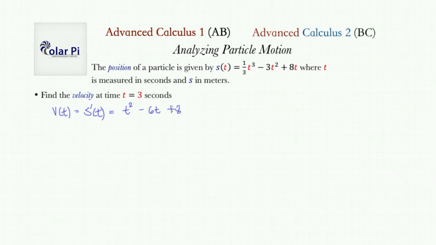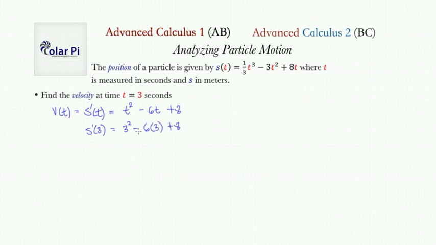Cool. And so for this first part, the velocity at time t equals 3 is just v of t, or s prime of t evaluated at 3. So s prime of 3 is 3 squared minus 6 times 3, and then plus 8.